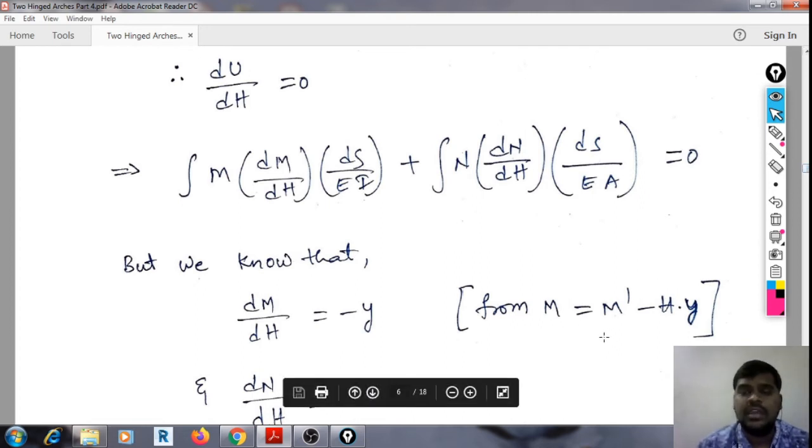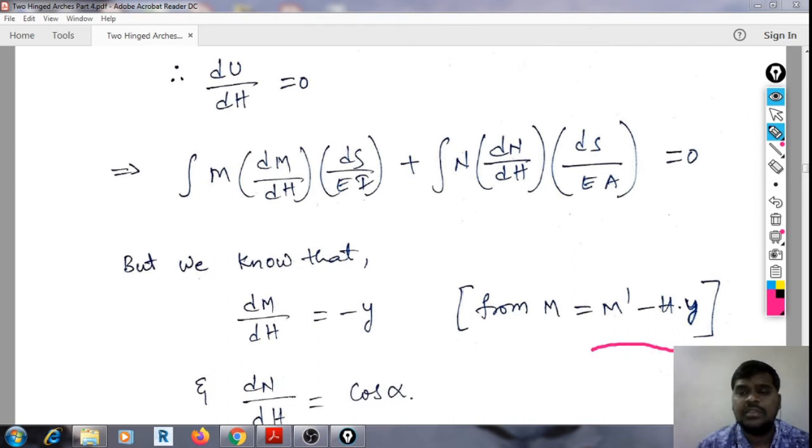From this we can say we have M is equal to M dash minus H into y. If we do the differentiation dM/dH with respect to capital H, we get minus, and directly we get minus y.